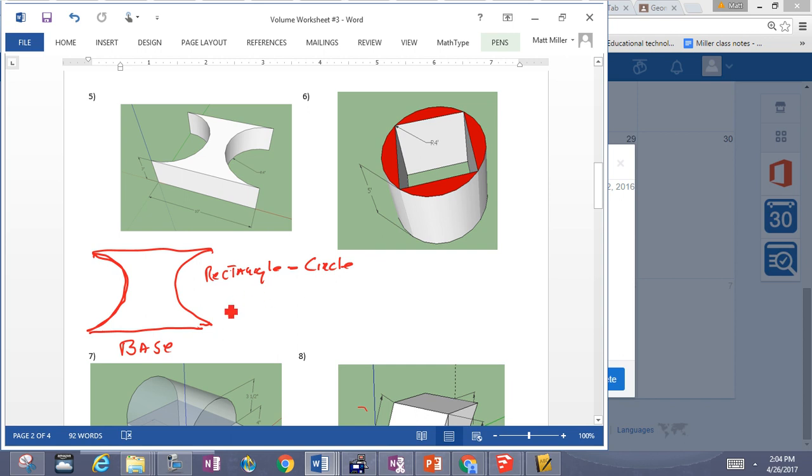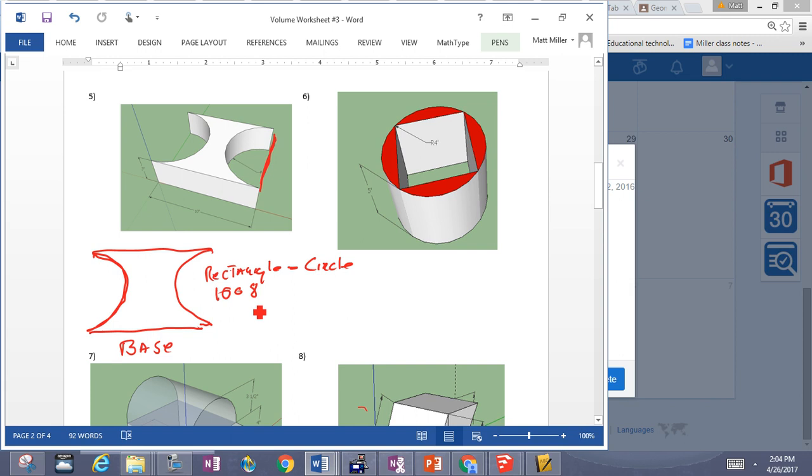What do we have as the dimensions of the rectangle? Well, the one dimension is 10 inches. The other is this length. That length is just the diameter of the circle where the radius is 4, so that's 10 times 8.